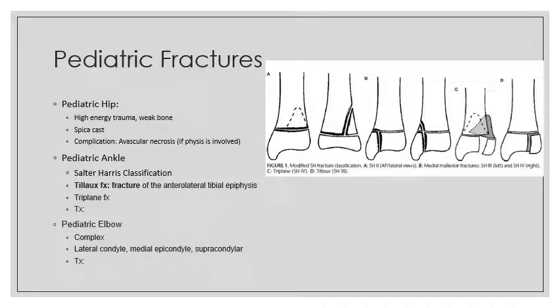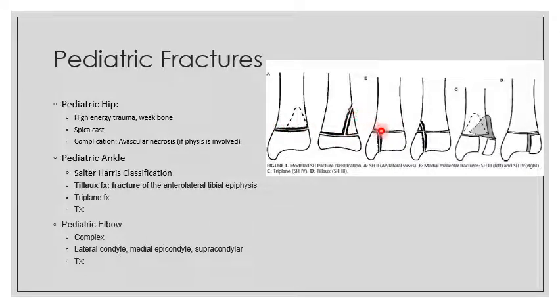Continuing with pediatric fractures. For pediatric hips, usually due to high energy trauma and weak bone, we usually just put a spica cast. Pediatric ankle, this is also the Salter-Harris classification. It's important to note it's almost the same.